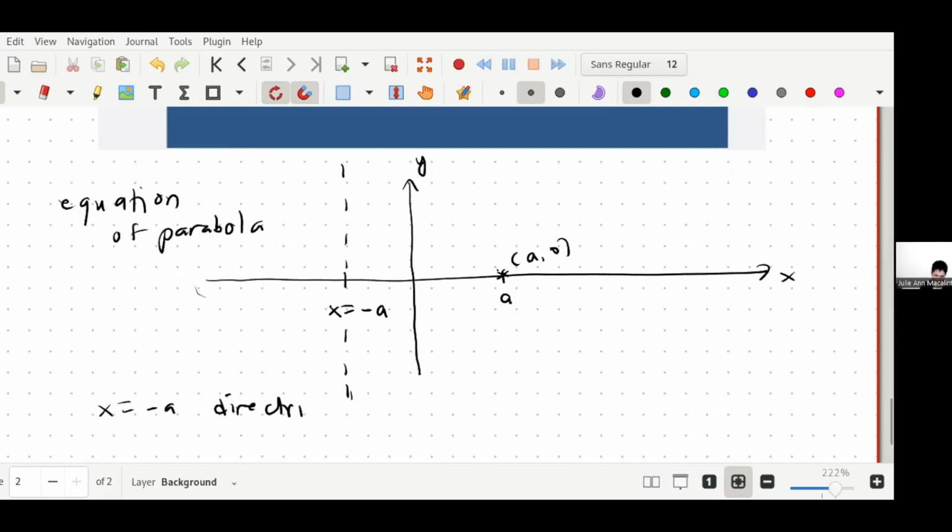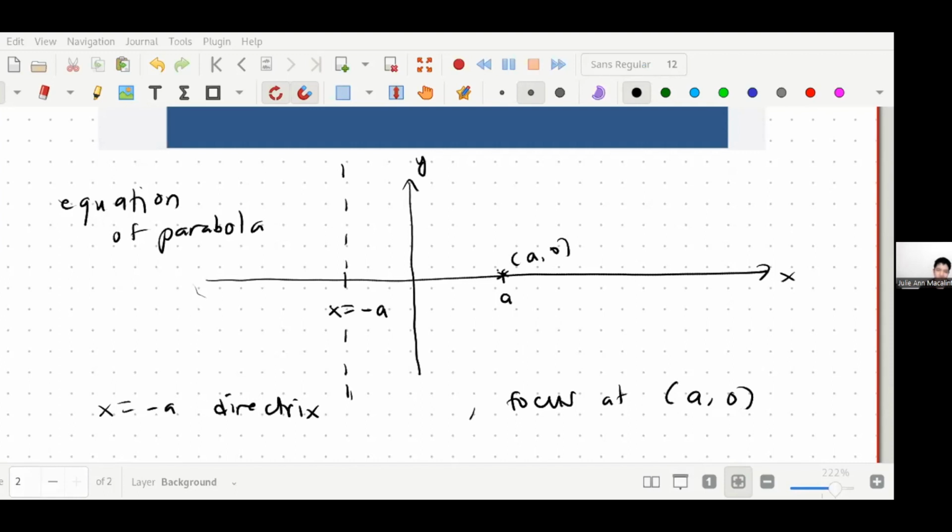Halos wala po. Tapos ito yung x equals negative a is the directrix and focus. Yun na naman. Kaya type ko lang. So kita ba?